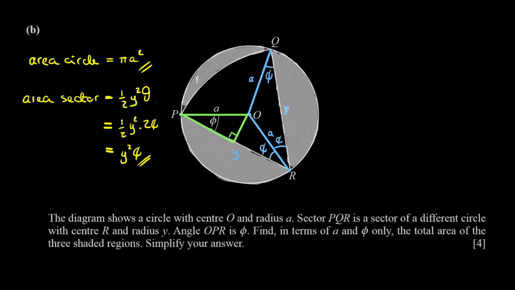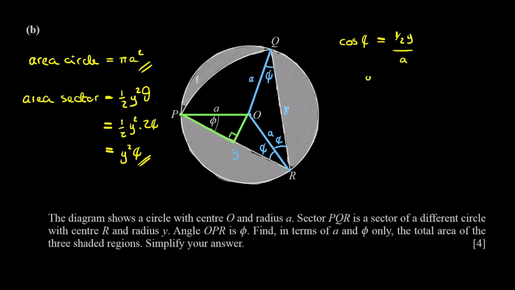So what would a half of y be equal to? Well, we could say that the cosine of phi must be equal to the adjacent side, which is a half of y, divided by the hypotenuse, which is a. So I can write that, the half of y divided by a.